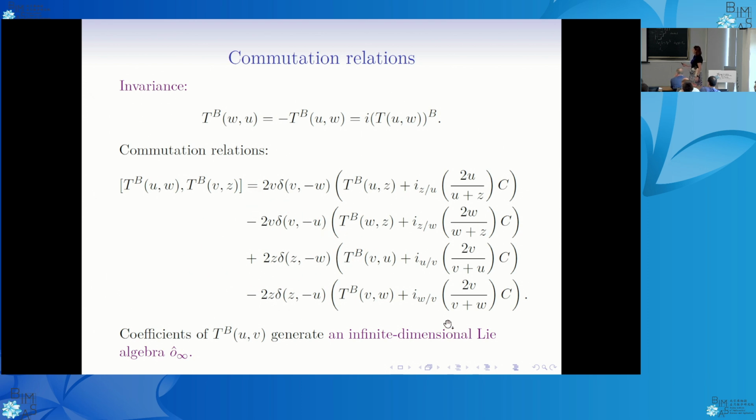And again, we can see that what we get here is closed under commutation relations. So we get the same type of formal distributions, and the coefficients of TB of UV generate an infinite dimensional Lie subalgebra, which we are going to call O infinity hat.